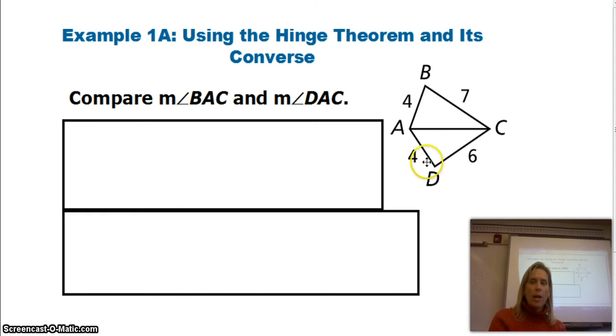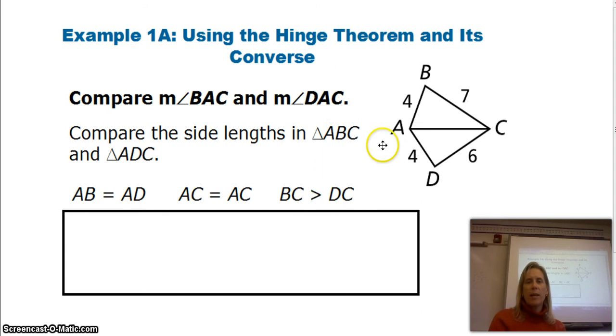AC and 4. So these are two triangles that have two sides that are congruent. And because this angle here, BAC, is across from the longer side, what can we say about angle BAC? We can say it's larger based on the hinge theorem. The way that the key describes it is compare the lengths of the sides.